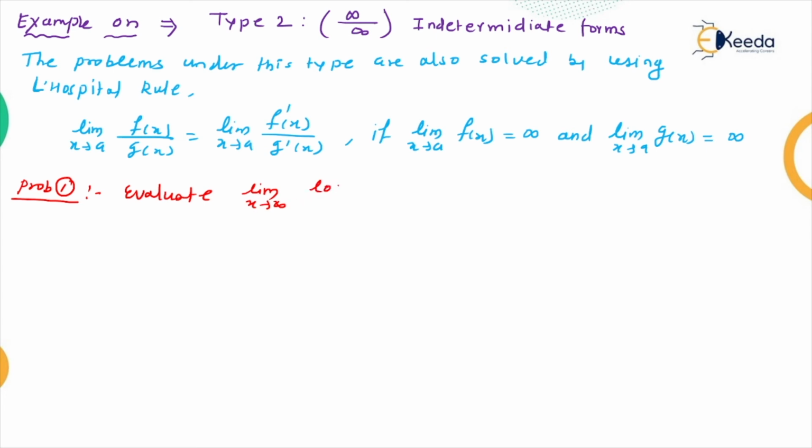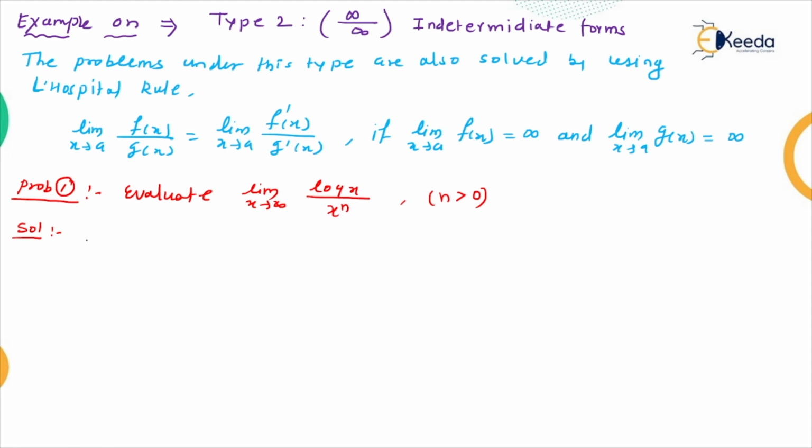So what is it here? The limit as x tends to infinity of log x upon x raised to n. Observe what f of x is and what g of x is, guys. The condition is also given: n is greater than 0, meaning the power is greater than 0. Then adjust the denominator. So let's see how it will be solved. I am taking the solution here.